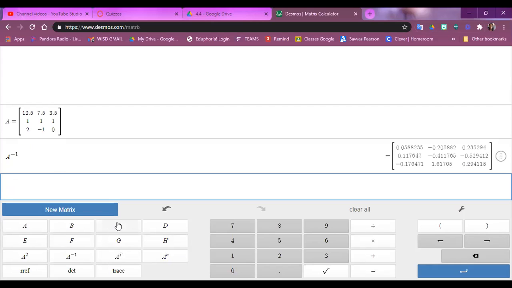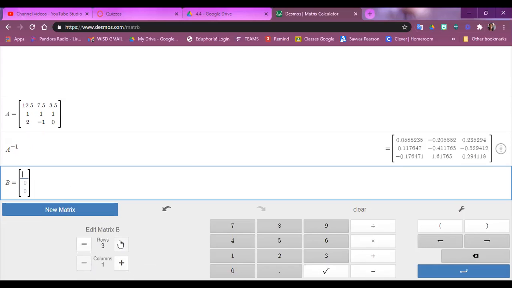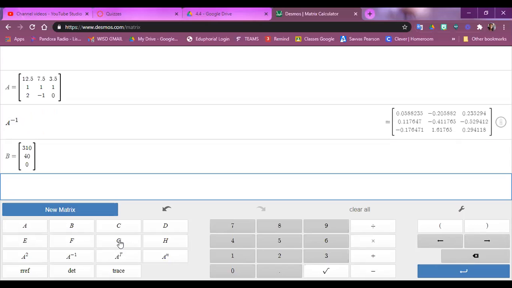Now we're going to put in matrix B in this case, sorry. And it's a 3 by 1. And the values that are in that are 310, 40, and 0. And we're going to hit enter so that it saves.